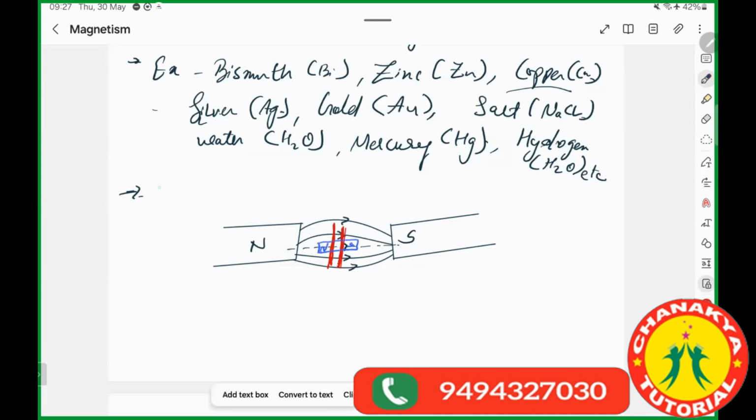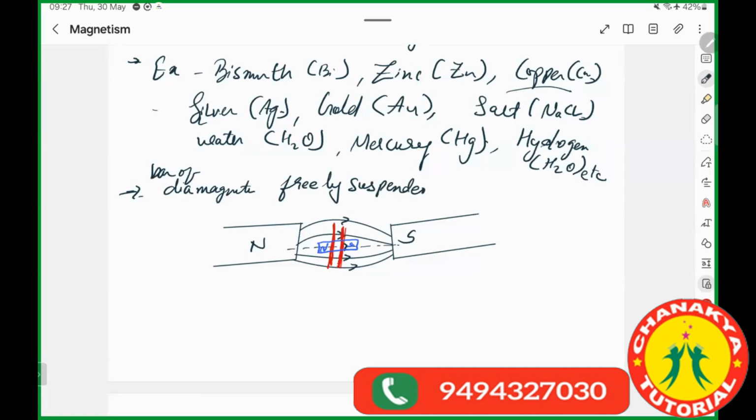Let's write in short. When a bar of diamagnetic substance is freely suspended between two poles, what will happen?